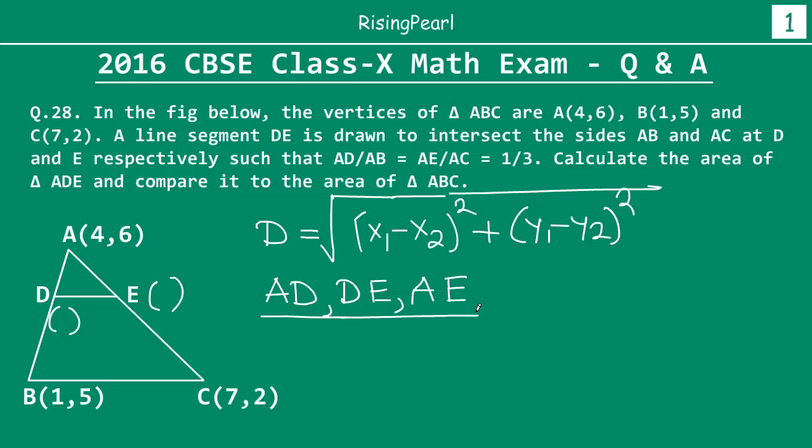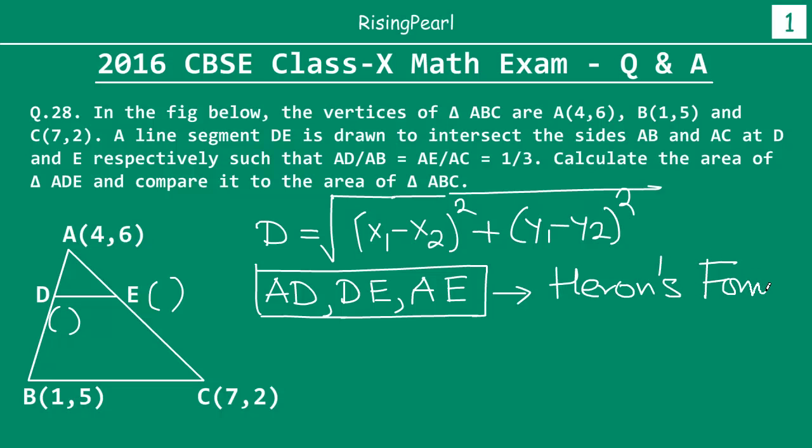Once we find the three sides of a triangle, we can apply Heron's formula and find the area of the triangle.